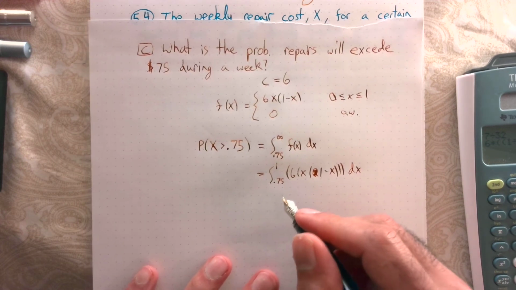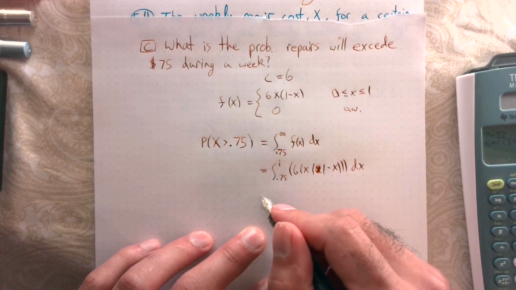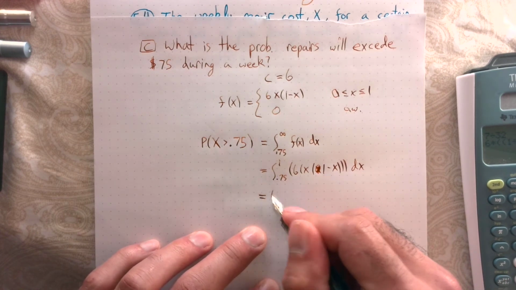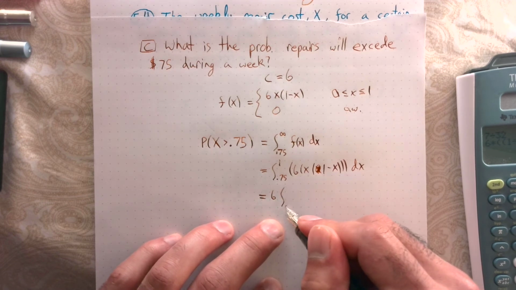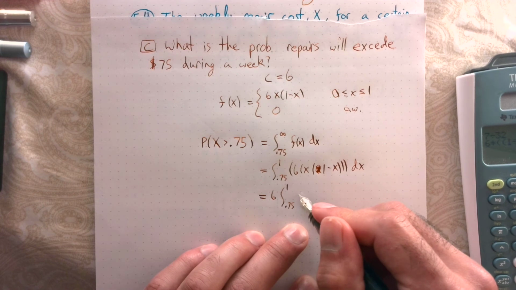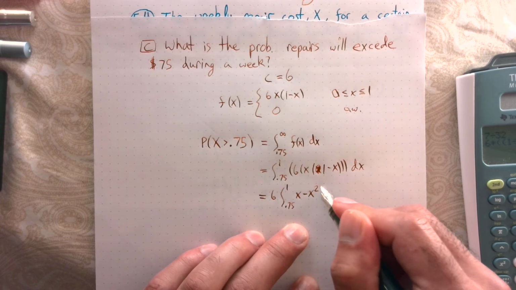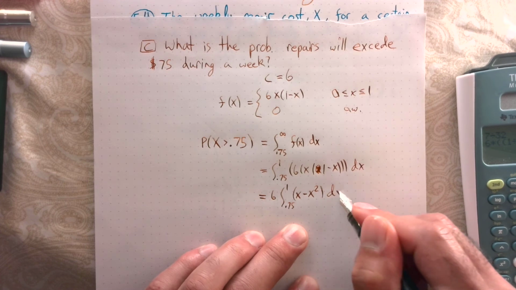So let's pull the 6 out, that's just a constant, and then let's distribute the x in there. So this is going to be equal to 6 times the integral from 0.75 to 1, and now we're going to have x minus x squared dx.